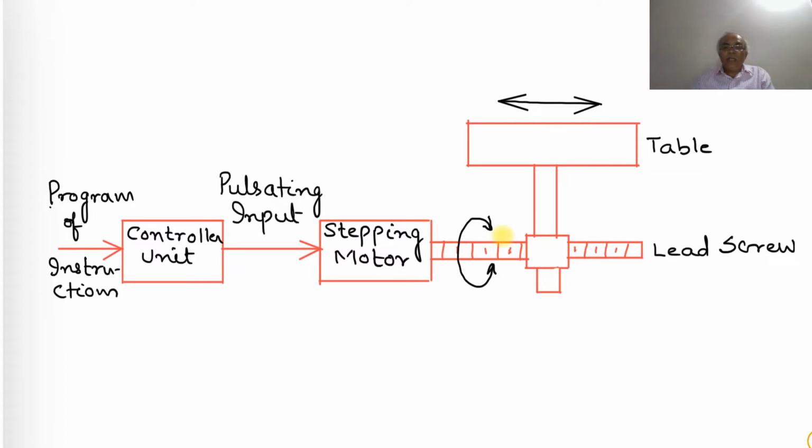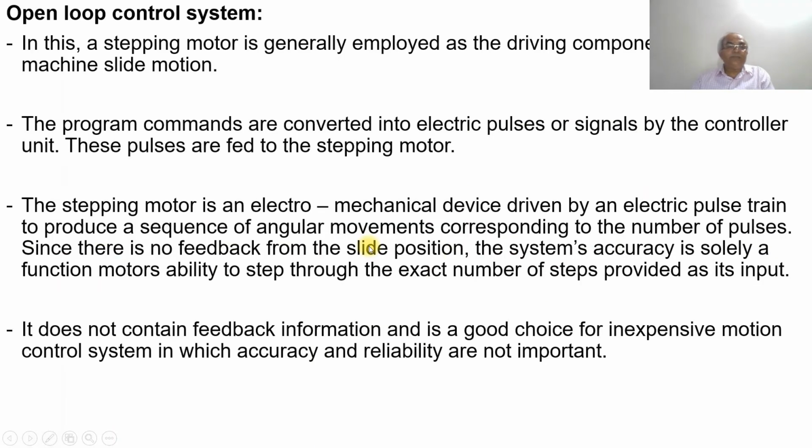So the accuracy of this movement depends solely upon the capacity of the stepping motor. It does not contain feedback information and is a good choice for an inexpensive motion control system in which accuracy and reliability are not important.